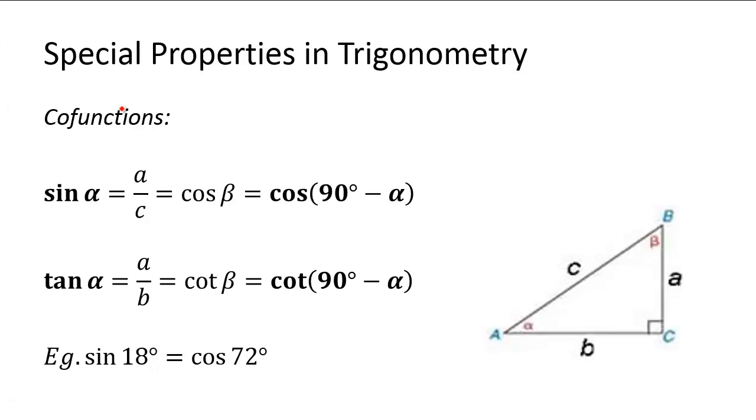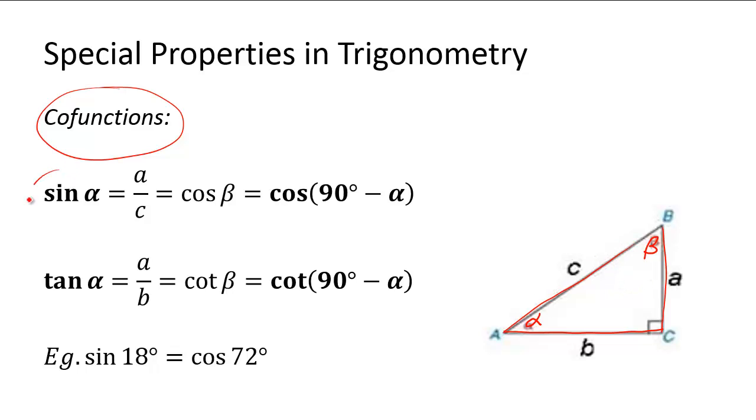Another property to note is that of cofunctions. So let's take this triangle here, and you've got angles alpha and beta. Across from beta is side B. Across from alpha is side A, and you've got your side C, your hypotenuse.